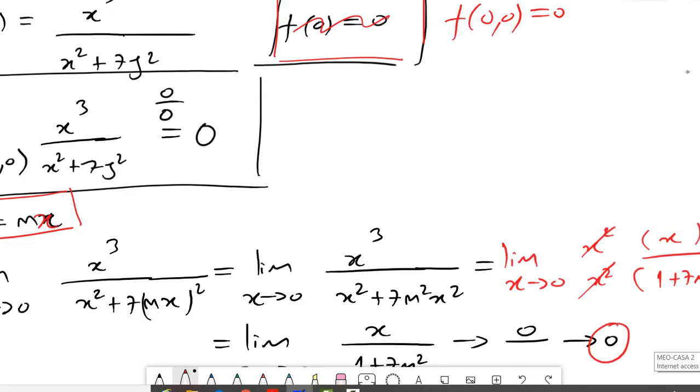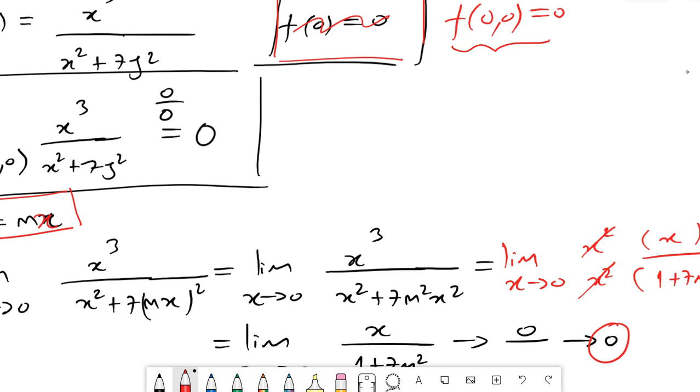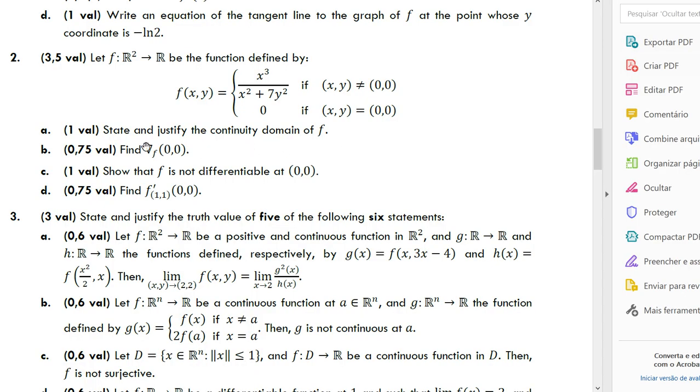So f of 0, 0 is 0, and the limit is 0, so the function is continuous. So we just proved and justified that the function is continuous in its domain, in 0 and outside 0. Okay, this was done, I think.